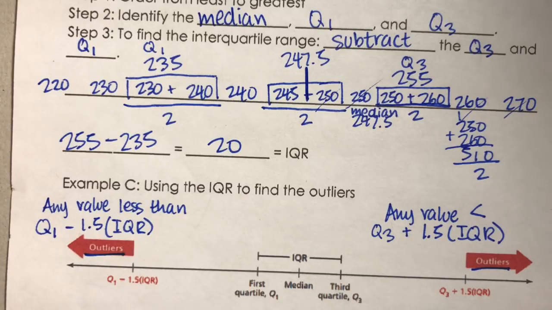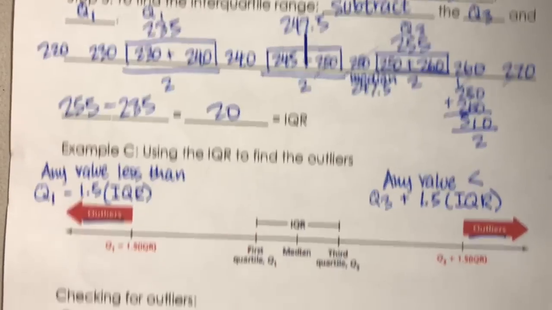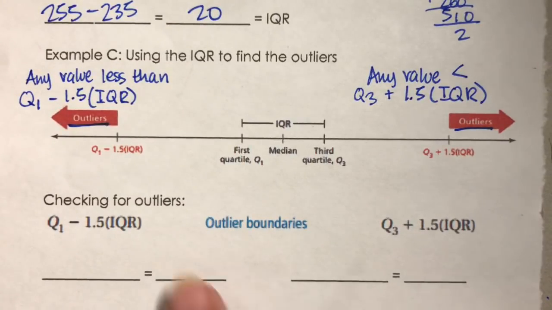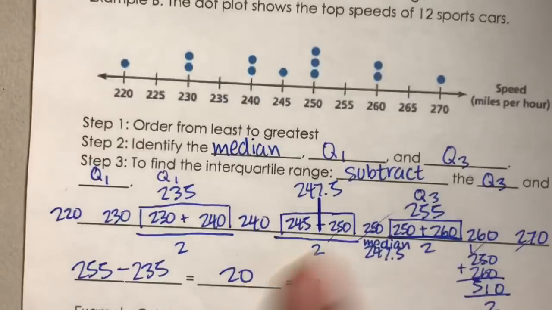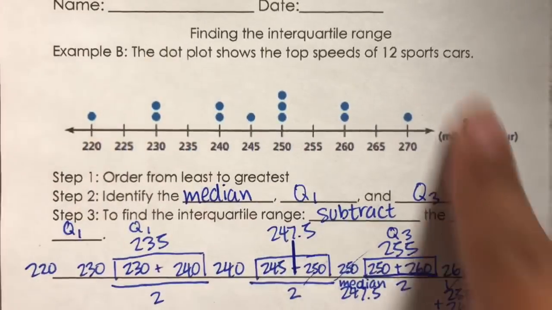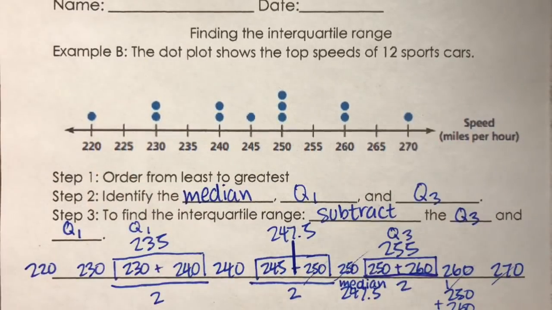Okay, so back to using the interquartile range to find the outliers. We're going to use the data that we have from this example, the top speeds of our 12 sports cars.